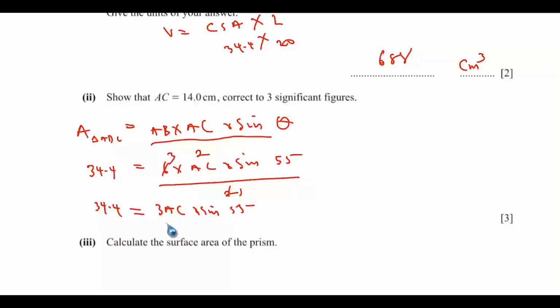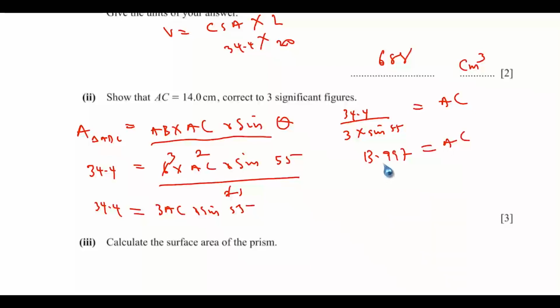So we can divide both sides by 3 sine 55 to get AC directly. That means we have 34.4 divided by 3 times sine 55. That will give us AC. If you do this, you will get AC equals 13.997.